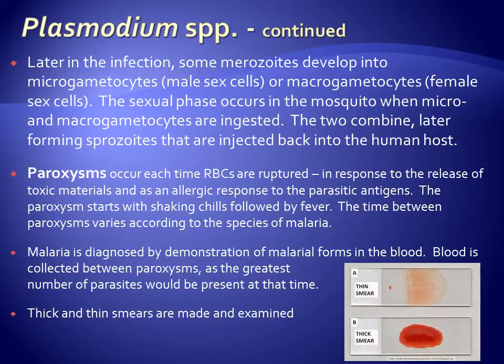A thick smear has the objective of not spreading them out that thin, but rather providing you with lots and lots of red cells to examine in each field of view. They don't need to be separated out and all pretty in terms of red cell morphology. What we want is to look at lots and lots of red cells to try to determine whether any of them contain the malarial parasite.